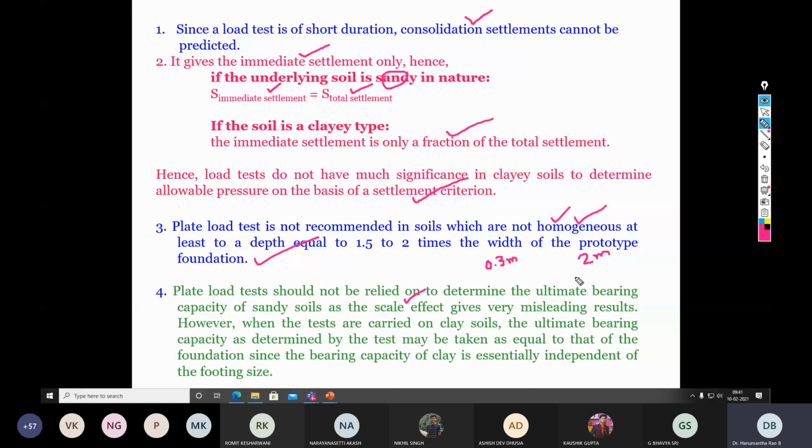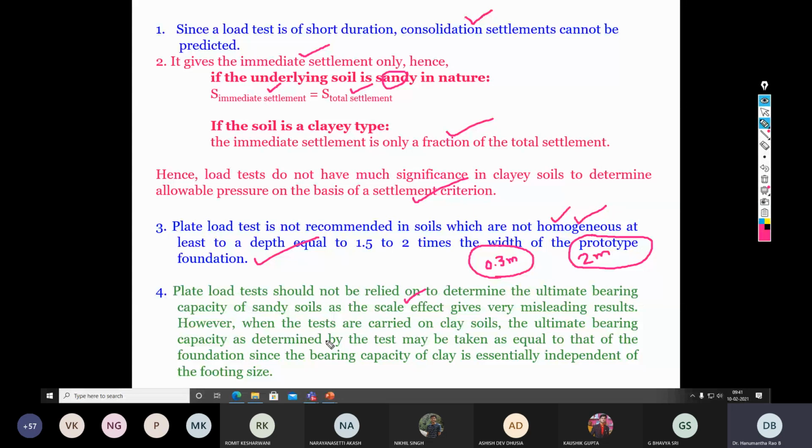So if you do a plate load test using the 2 meter foundation and using the 0.3 meter plate, it is obvious that the results are completely different. So this is called a scale effect. The difference in geometry between the prototype foundation and the plate is called a scale effect. So this 0.3 meter is called a model, while the realistic footing size of 2 meter is called a prototype.